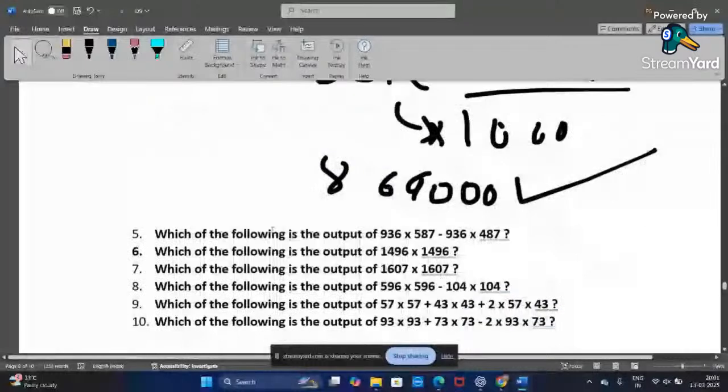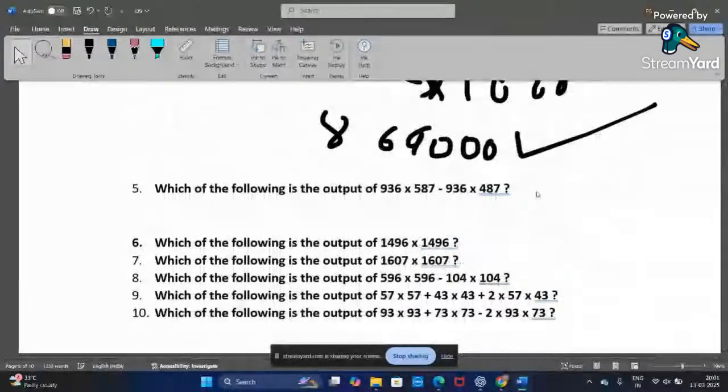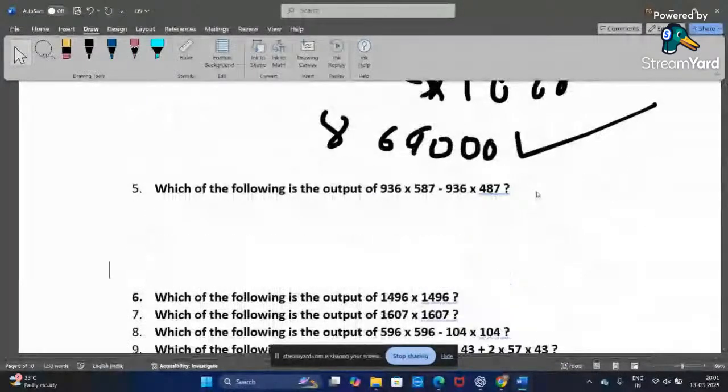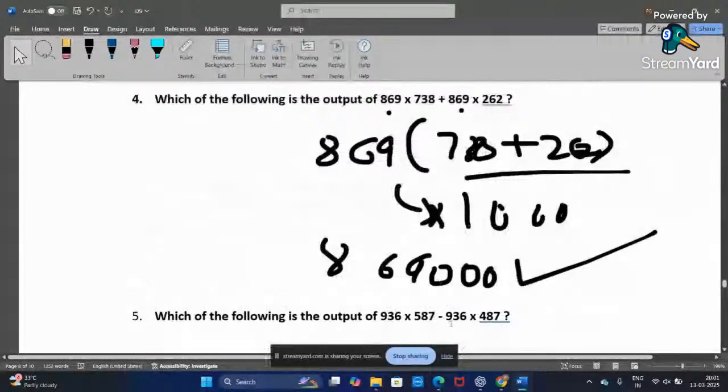This is also same as the previous one, but here it is added and here it is subtracted. Here we'll get 936 outside, because here also we have 936, here also we have 936. We're taking it out as a common factor, and we are subtracting 587 minus 487.